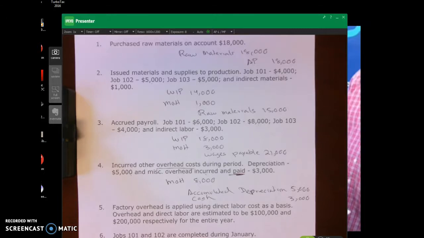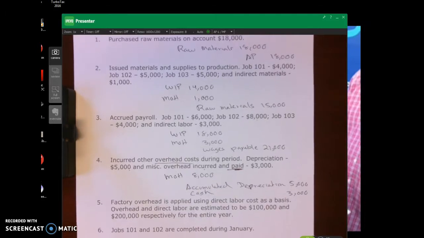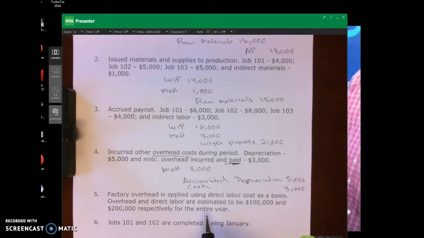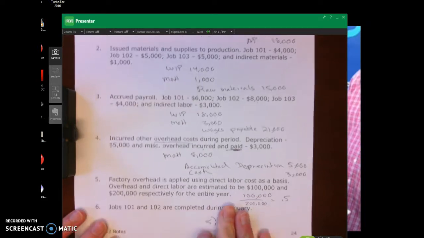The next one says our factory overhead is applied using direct labor cost as the allocation base. And here is our estimated total overhead and our estimated total allocation base. First, we have to calculate our rate. 100,000 divided by 200,000 gives me 0.5. I'm going to have to come down here with number 5, I'm running out of room.